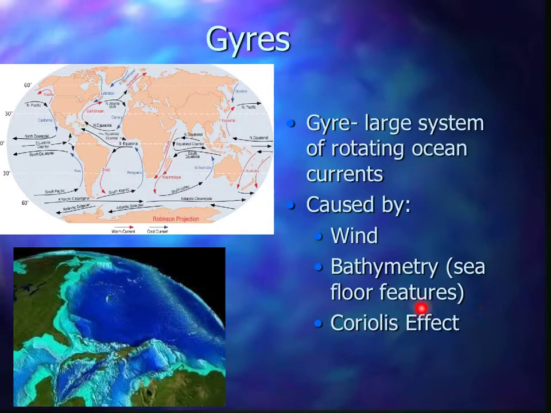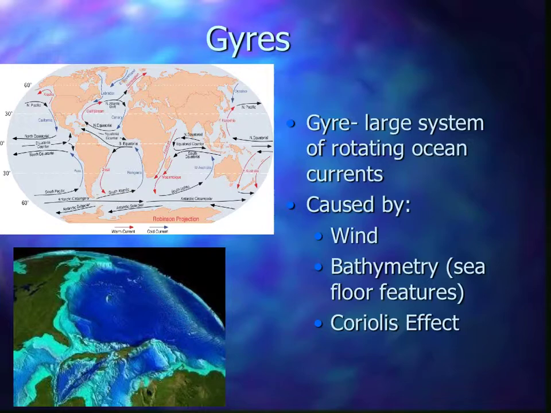This is kind of these mystical forces where anything that's moving in the northern hemisphere gets deflected to the right, and if it's in the southern hemisphere, it's going to get deflected to the left. So, for example, when you flush your toilet, if left to its own devices, the water will go around that way. If you're in the southern hemisphere, it'll go the other way.